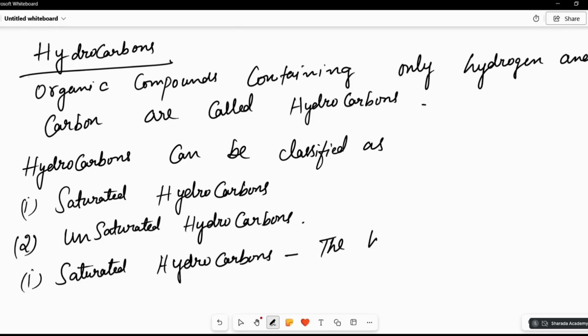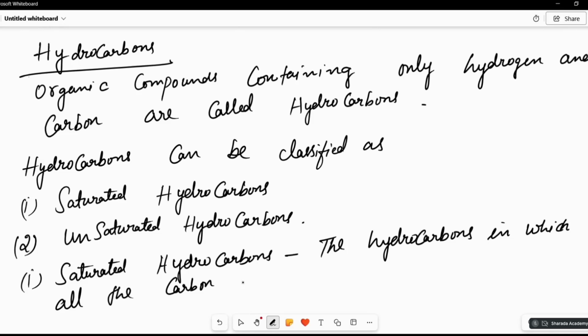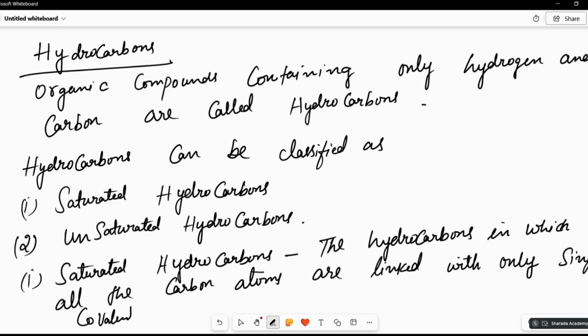Write down this. The hydrocarbons in which all the carbon atoms are linked with only single covalent bonds are called saturated hydrocarbons.